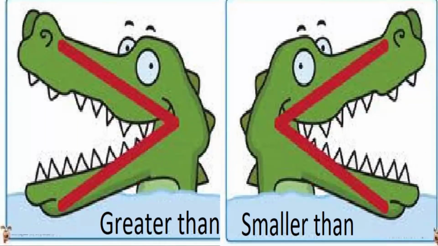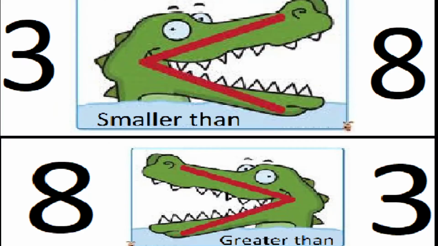Children, to identify the smaller than, greater than symbols, imagine the mouth of an alligator. See this image. 3 is smaller than 8 and 8 is greater than 3. To which side the alligator is opening its mouth?